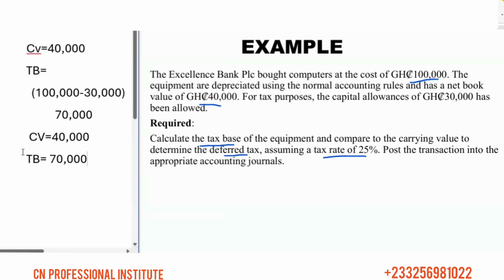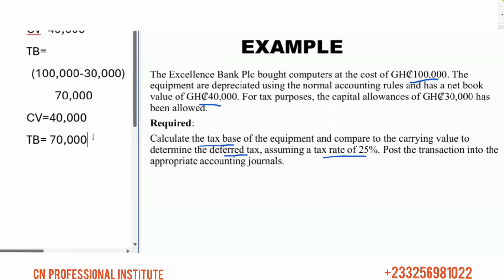70,000. So you realize that here the current value is less than the tax base and it's an asset. So what do we have? We are going to have what we call a deductible temporary difference. Are you following? This is not taxable. It's an asset.